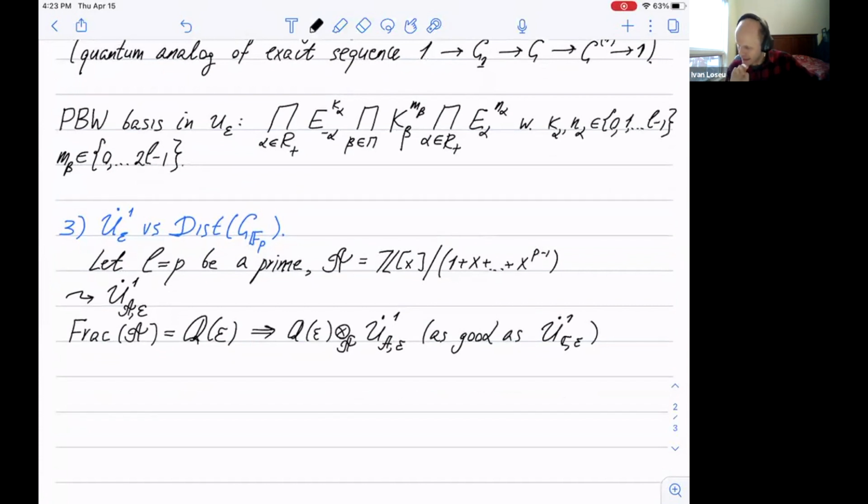Namely, let's consider M, which is the radical of x minus 1. So I want to specialize x to 1.